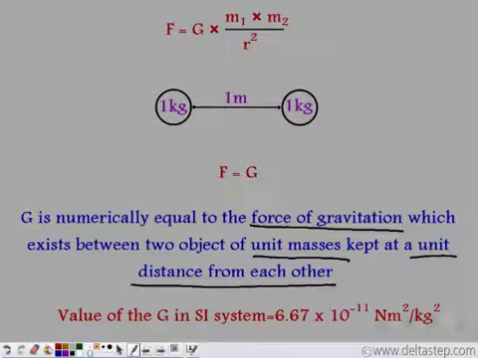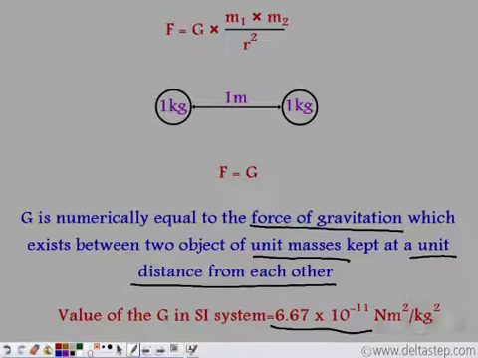And this has been found to be 6.67 into 10 to the power minus 11. And since we've just studied that the SI unit of G is Newton meter square per kg square, the value of G in SI system is given as 6.67 into 10 to the power minus 11 Newton meter square by kg square.